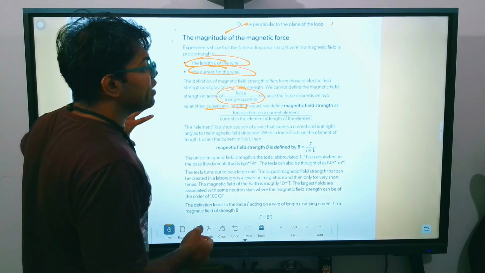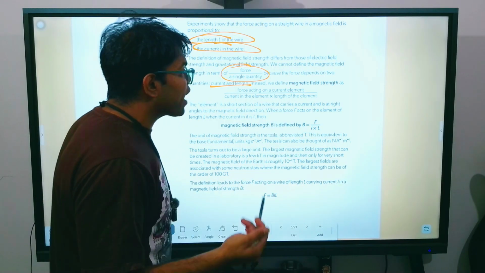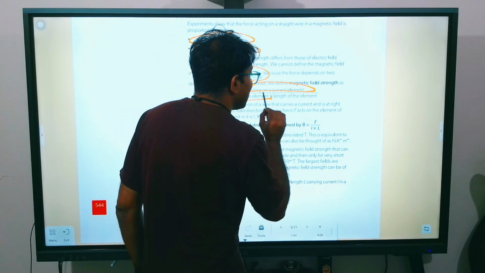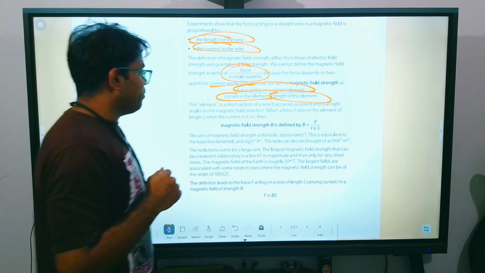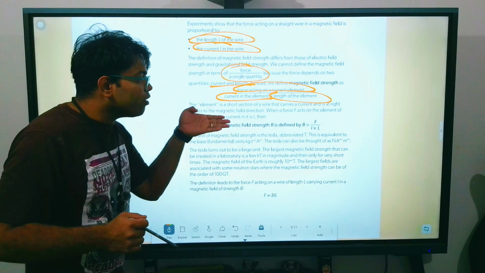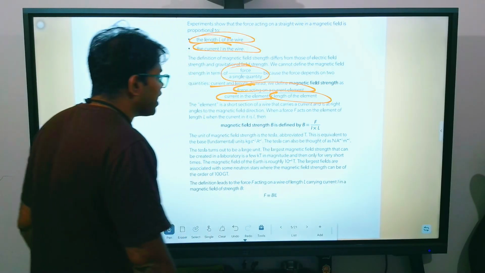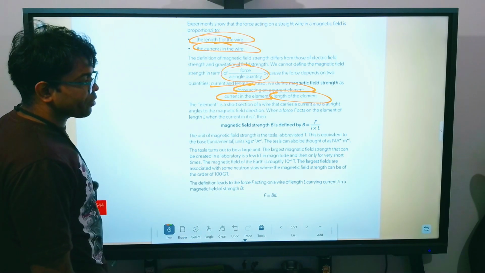Instead, we define magnetic field strength as the force acting on a current carrying element upon the current in the element multiplied by the length of the element. The element is a short section of wire that carries a current and is at right angles to the magnetic field direction.